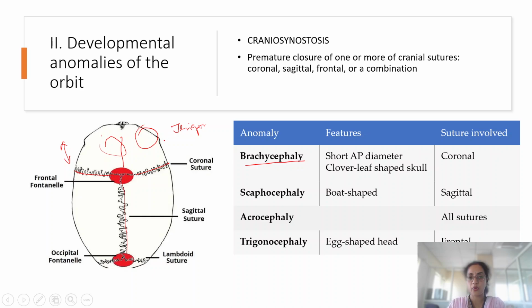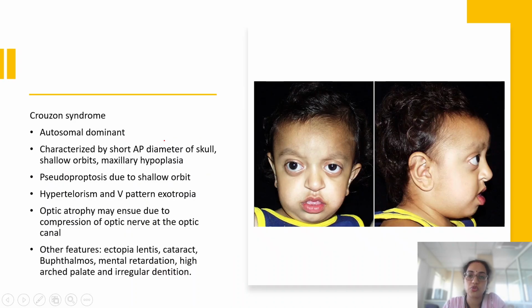There are two important syndromes here with respect to the orbit. The first one is Crouzon syndrome. Crouzon syndrome is an autosomal dominant condition characterized by craniosynostosis, with a short AP diameter of the skull, also known as brachycephaly, shallow orbits and maxillary hypoplasia.